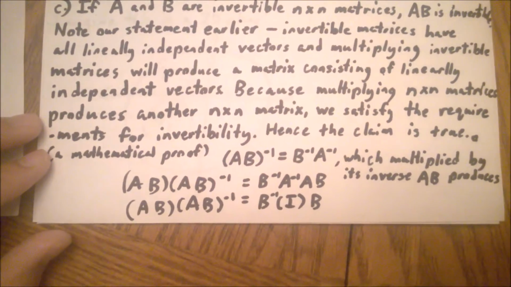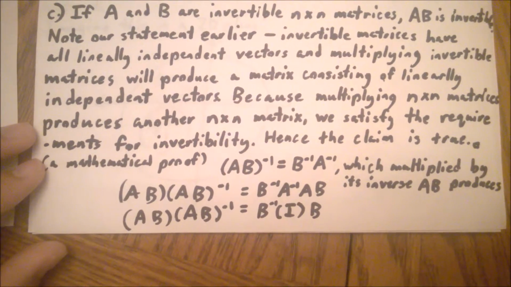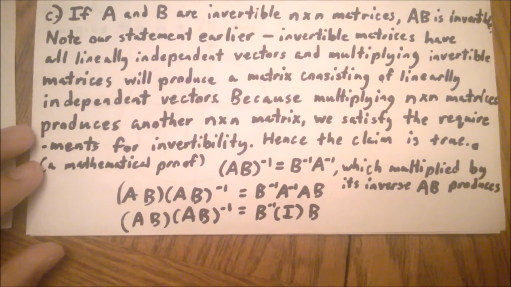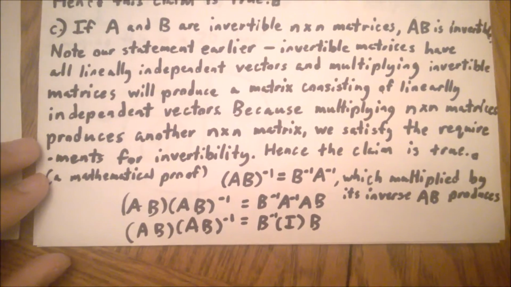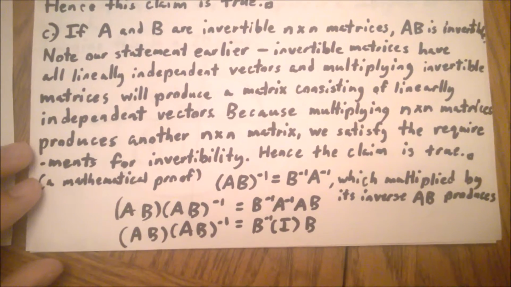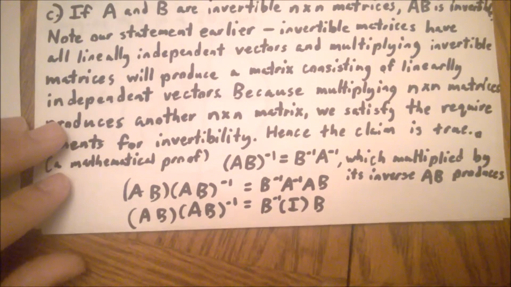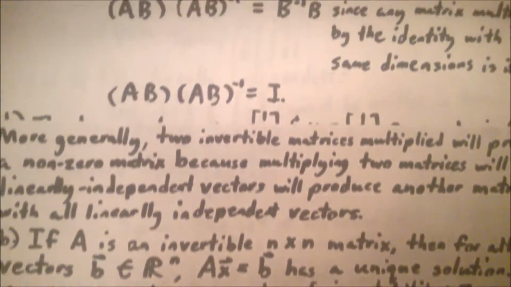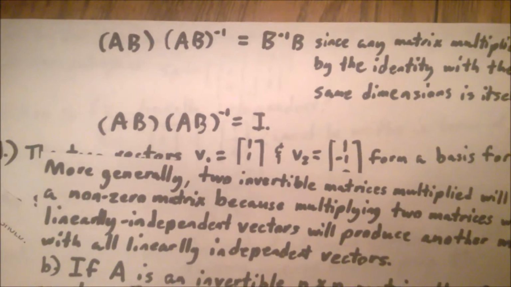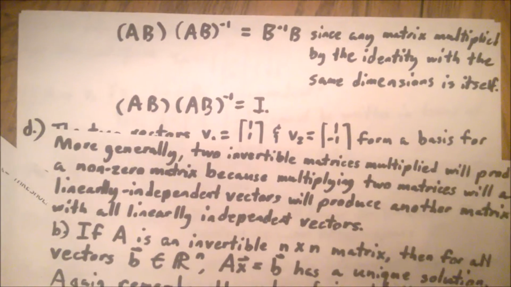So we end up here with B inverse times A inverse times A times B. And we know that A inverse times A is just equal to the identity matrix as per the definition of an inverse from before. So now we end up with B inverse times the identity matrix times B, which is just the same thing as B times B inverse, or B inverse times B.